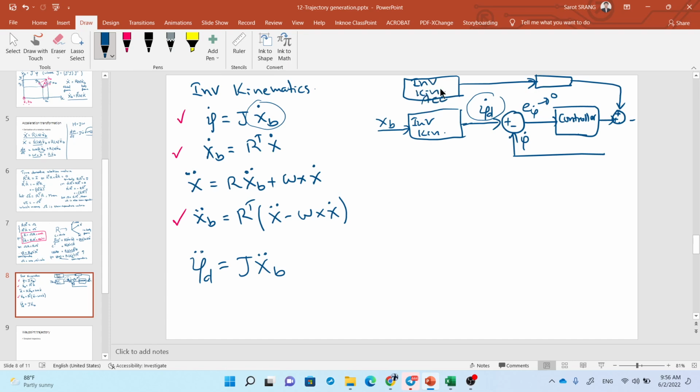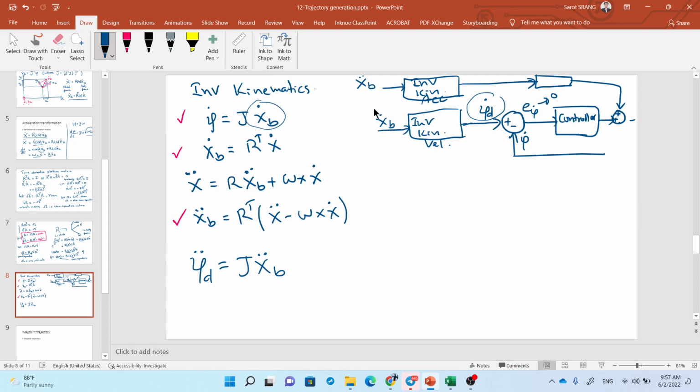Inverse kinematics for acceleration, this one inverse kinematics for velocity, okay? So it means I need to input HB double dot here. This one, oh sorry, this one is H dot B.